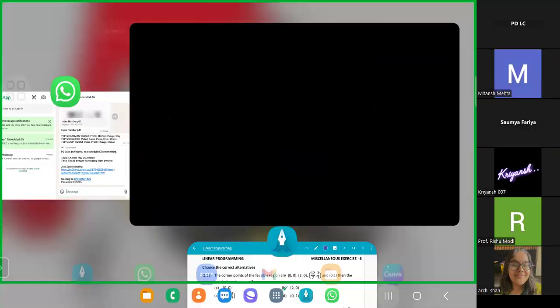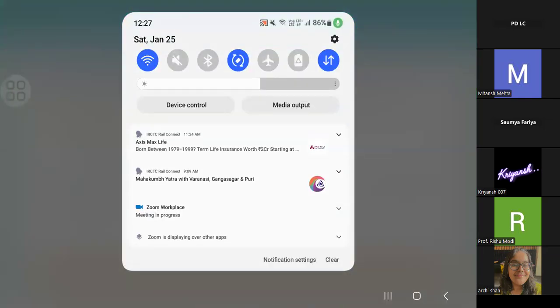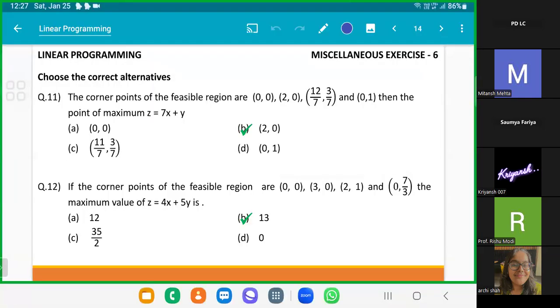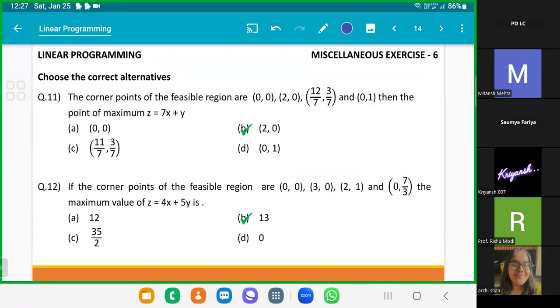1 second, Wi-Fi issue. Okay, understood. So it is B, now. If it is 12 upon 7 in the question and the option has 11 upon 7, then the answer will be B. Am I audible, guys?